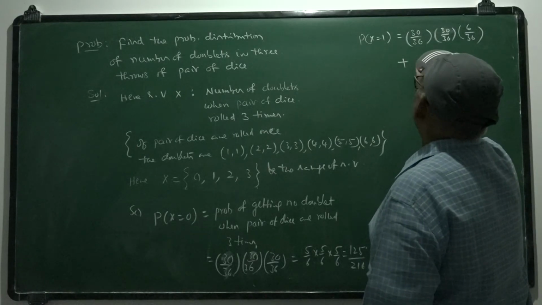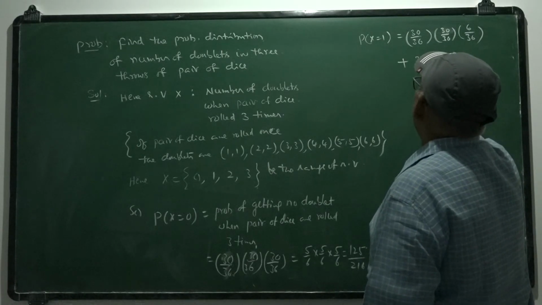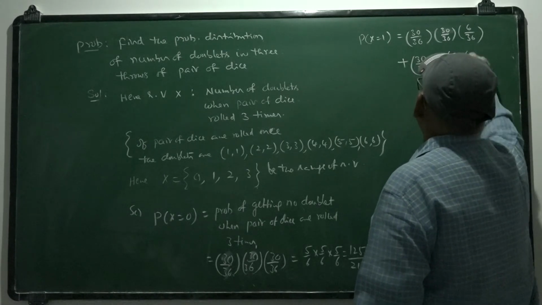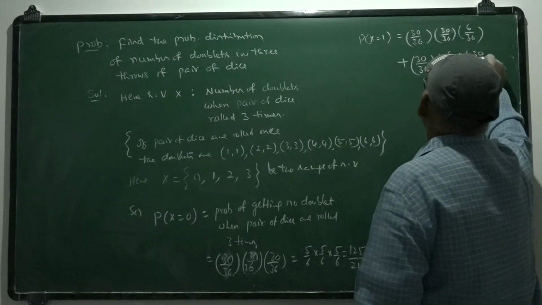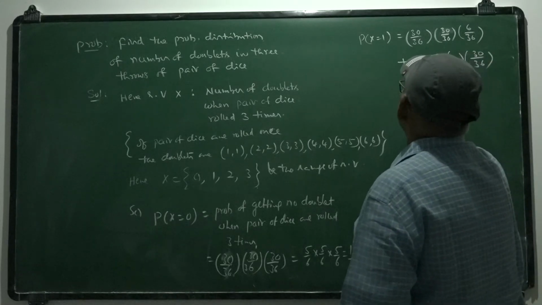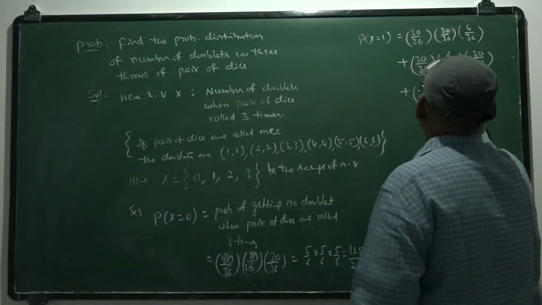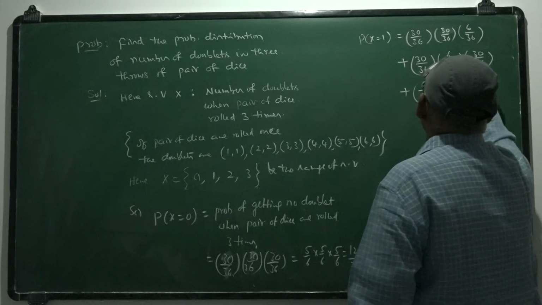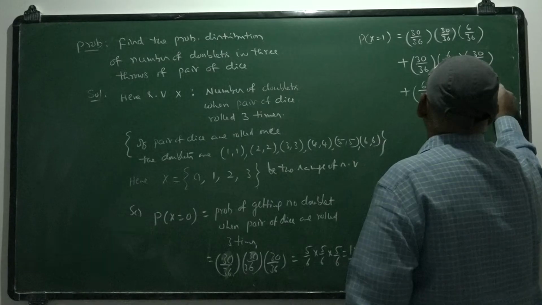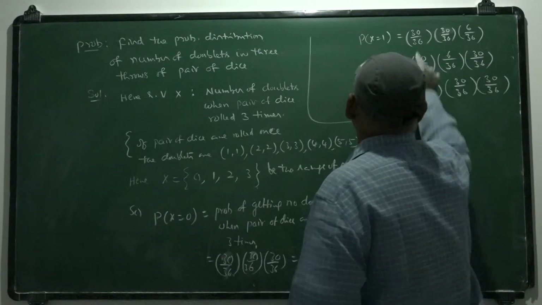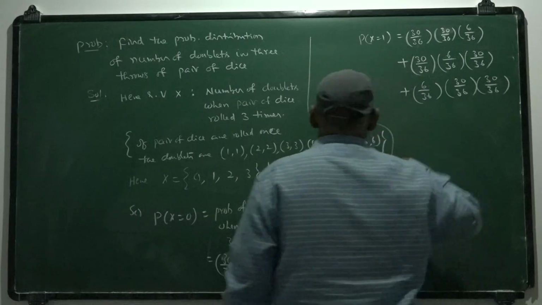Or in the first attempt not getting a doublet, in the second attempt getting a doublet and in the third attempt not getting a doublet. Or in the first attempt getting a doublet and in the other two attempts not getting doublets. So in this case, a doublet is obtained only once.